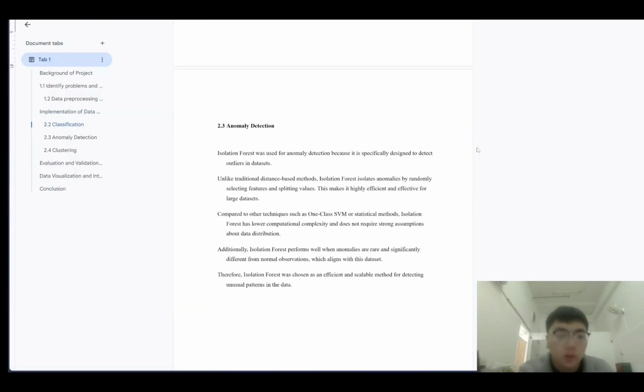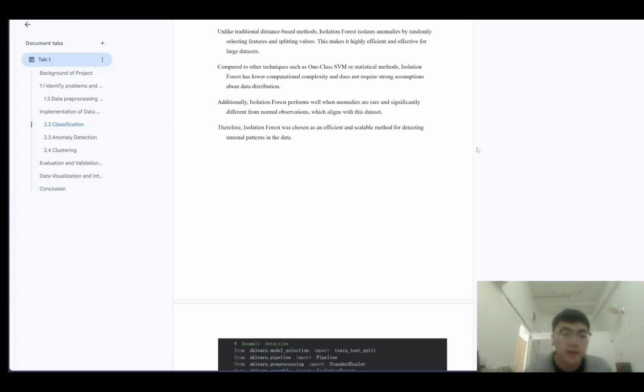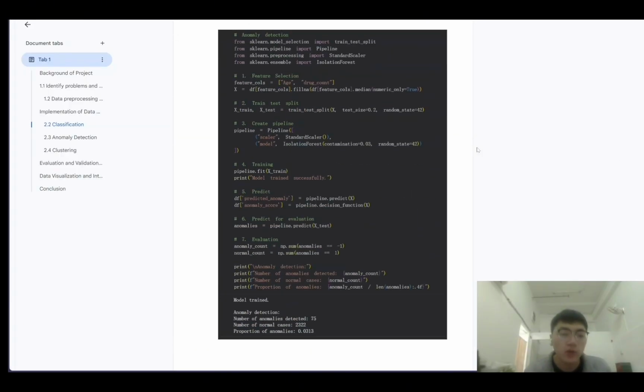And we use isolation forest to detect unusual cases. It is efficient and works well for detecting rare anomalies. Compared to other methods, this requires less computation.